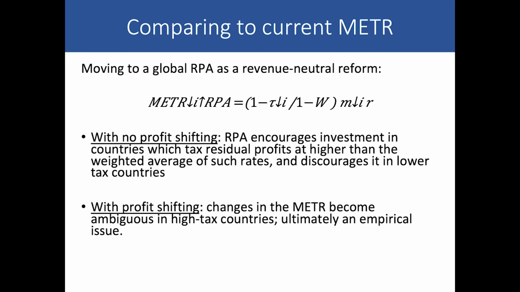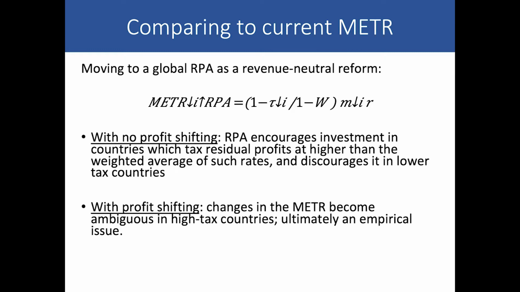The RPA would say the METR would be lower in countries where the tax rate is higher than the weighted average tax rate. That is to say, it would encourage investment in countries which tax residual profit at a higher rate than the weighted average of such rates. Or you can think of it as encouraging investment in higher tax locations and discouraging it in lower tax countries.